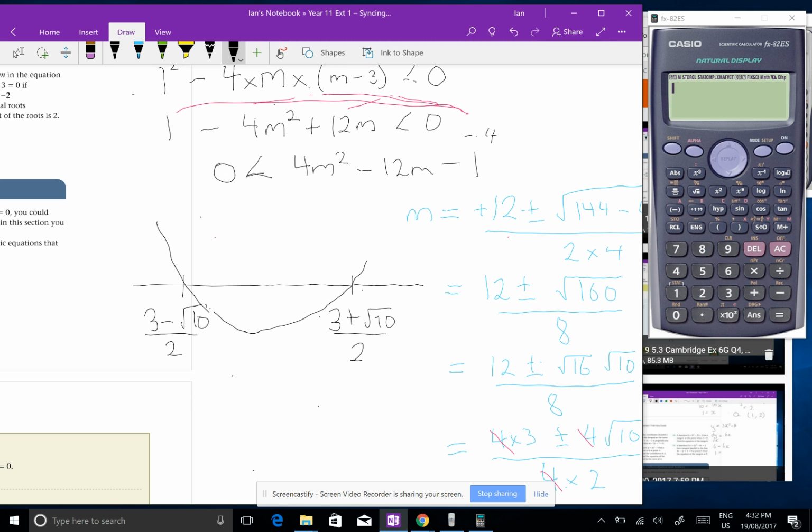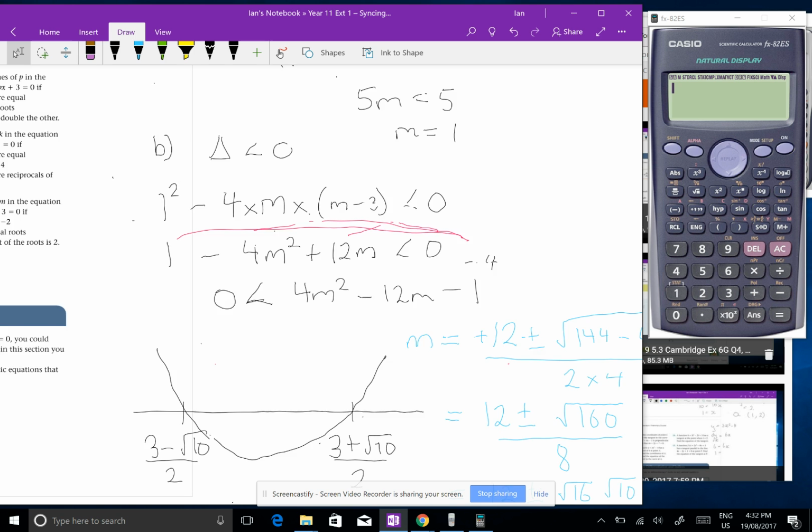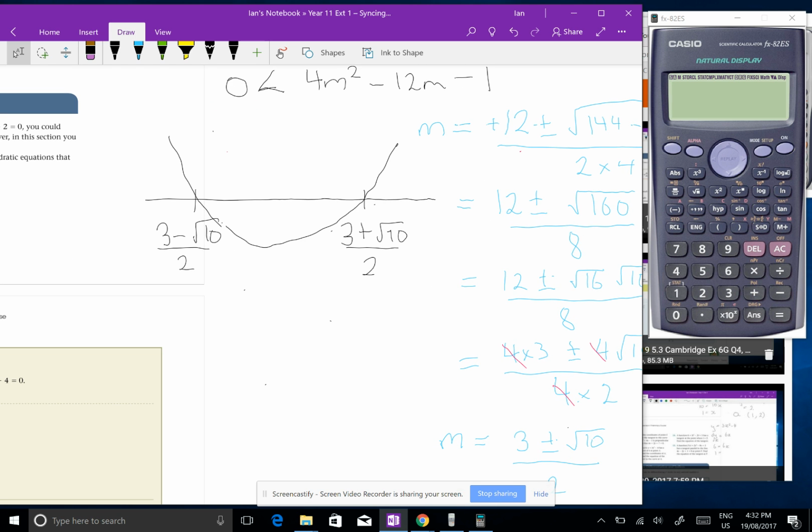And we need the parts above. So now remember, the discriminant has to be less than 0, so it can't be equal to. So m must be less than 3 minus root 10 over 2, or m must be greater than 3 plus root 10 over 2. That's pretty messy. I'll check my answers, I'm pretty sure. Yep, that's it.